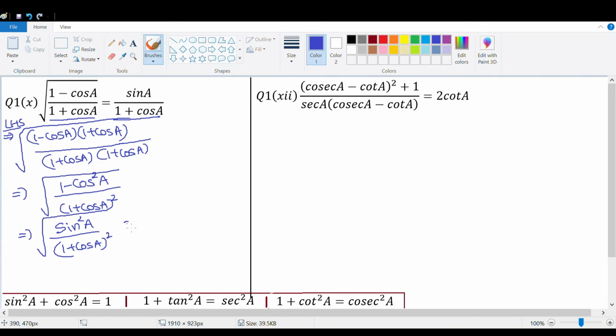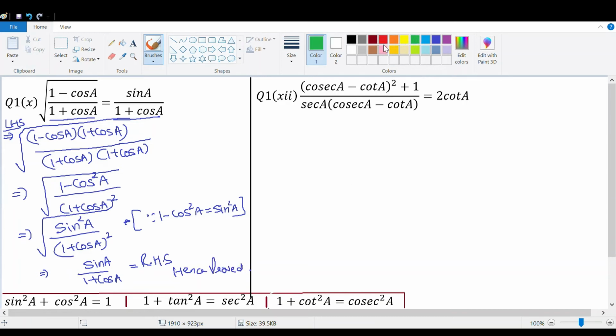The reason would be since 1 minus cos square A is equal to sine square A, and when I remove the square root sign, this becomes sine A upon 1 plus cos A, and which is equal to my right hand side. So hence proved. Done. Let's look at the next question.